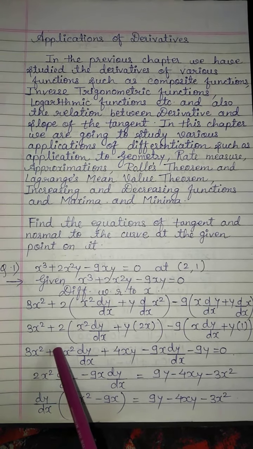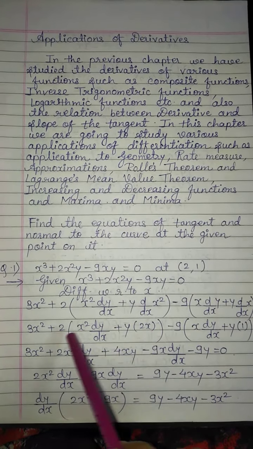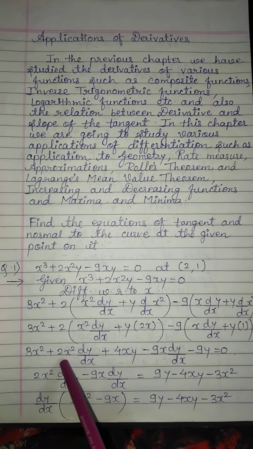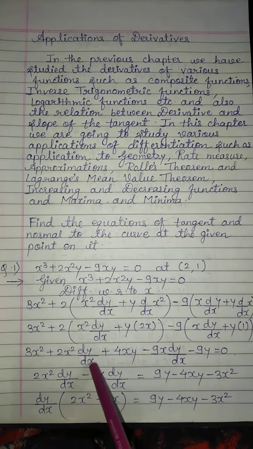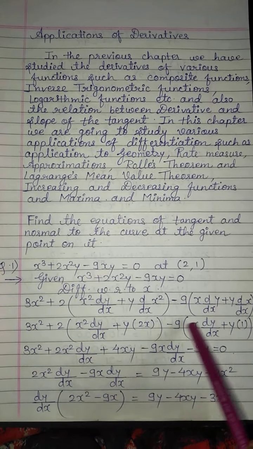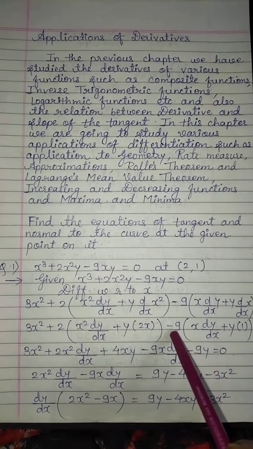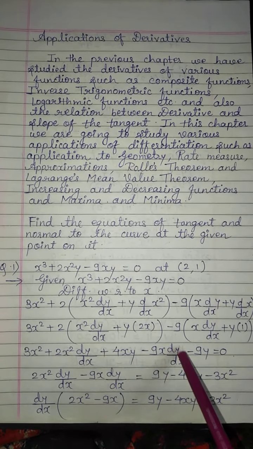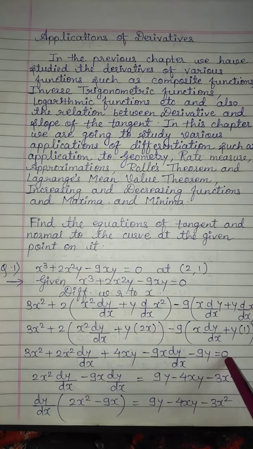Now 3x square plus, multiplying this bracket by 2, here we will get 2x square dy by dx plus 4xy minus, multiplying this bracket by 9, 9x dy by dx minus 9y is equal to 0.